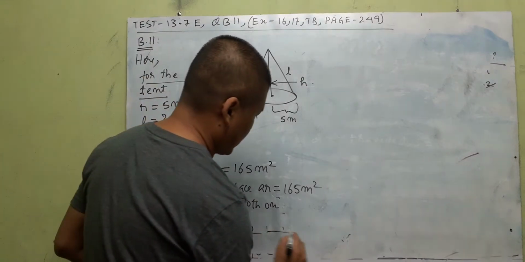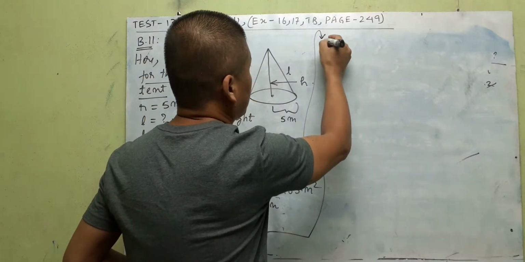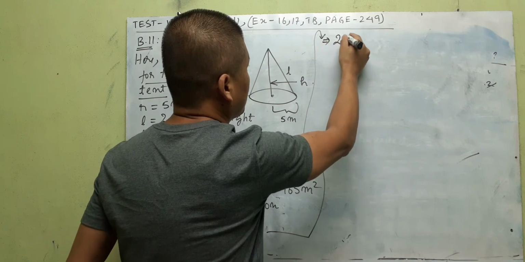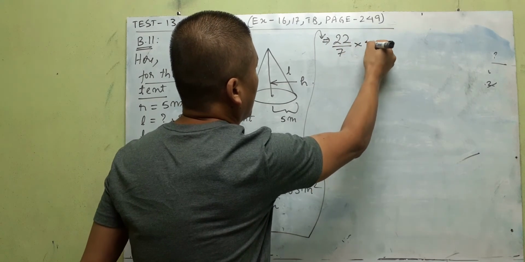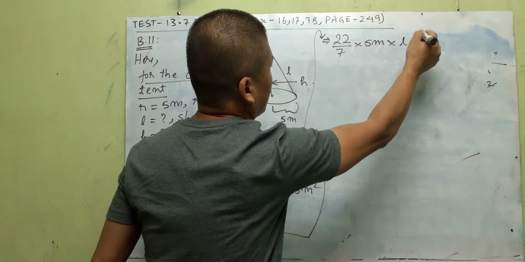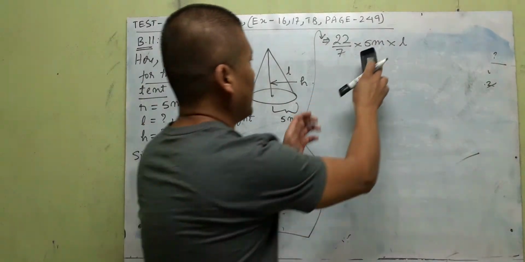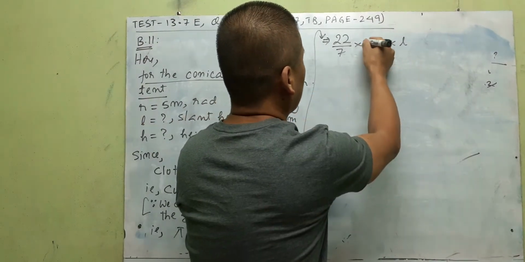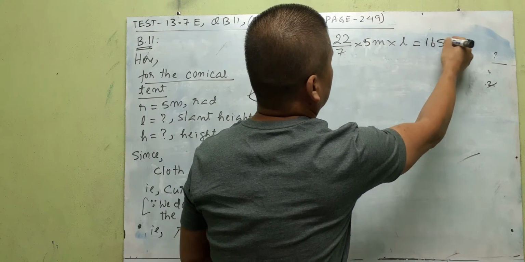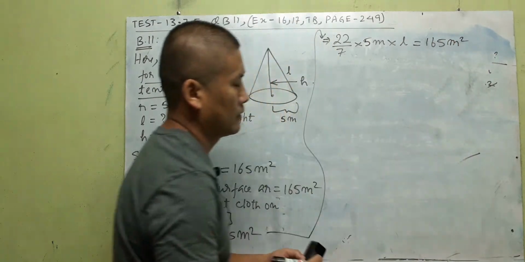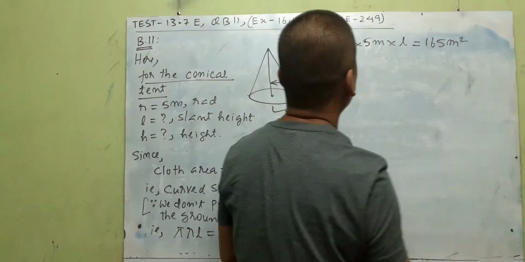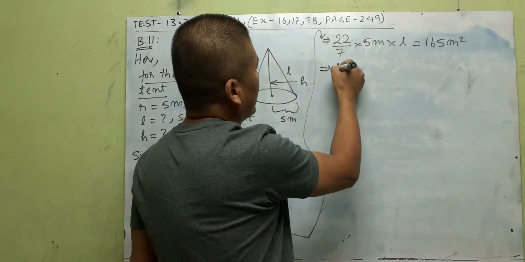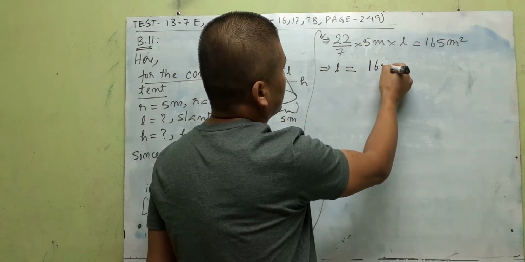So as we move from here and continue, that will imply 22 by 7 into R, which is 5 meter, into L. There we will get your L, because everything else is known, is equal to 165 meters square, right? So here we can put the L on one side and shift the rest to the other side.